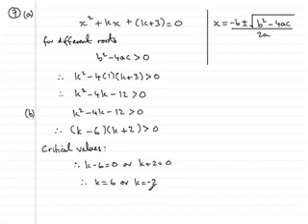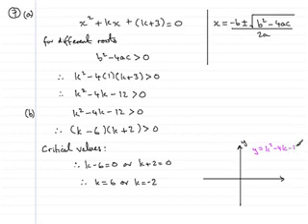Now why have I done this? Well, the next stage is that we need to draw a graph. Just over to the right here, we'll draw axes, and I'm going to draw a sketch graph of y equals k squared minus 4k minus 12, in a different colour as well.